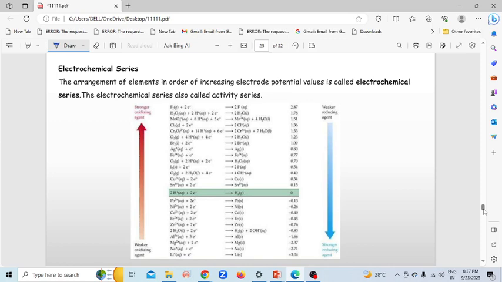So how will you be able to identify which metal will be oxidized and which element will be reduced? To explain this, we are going to discuss the electrochemical series.